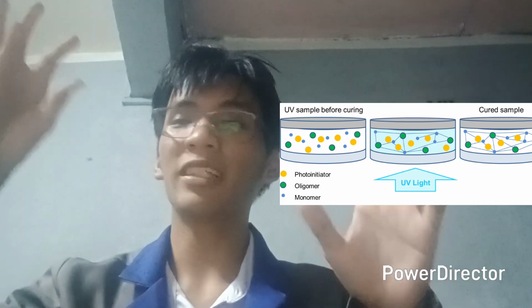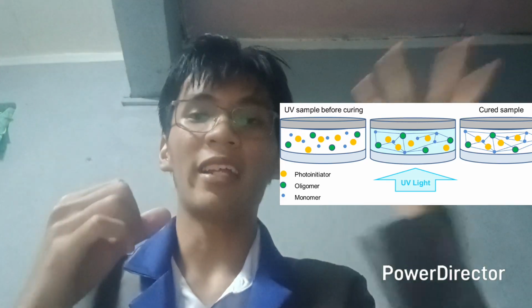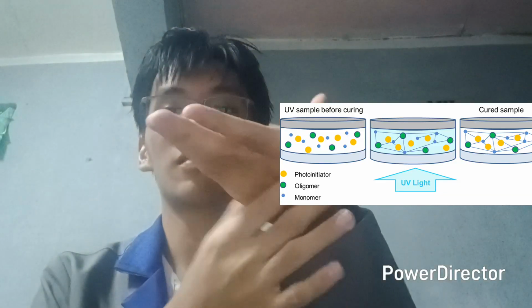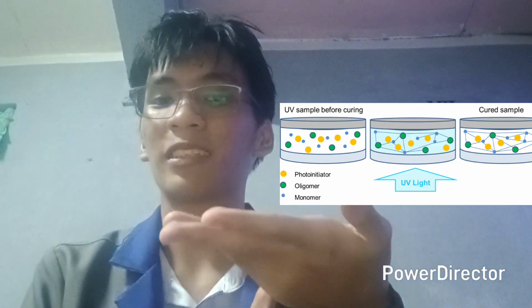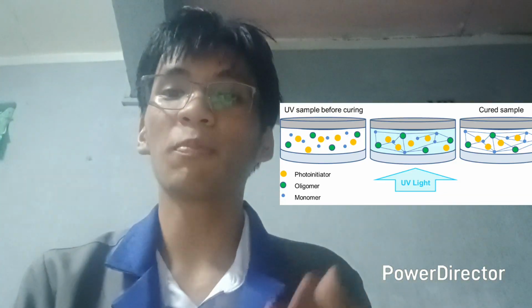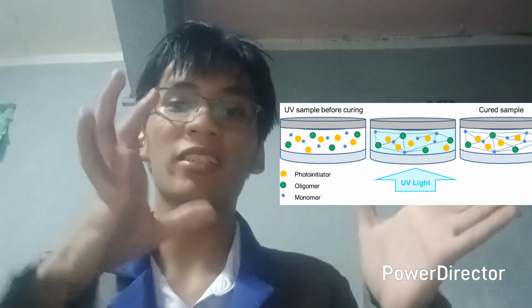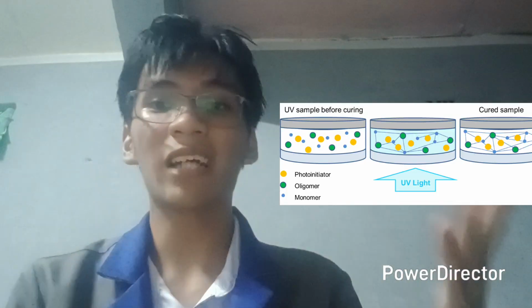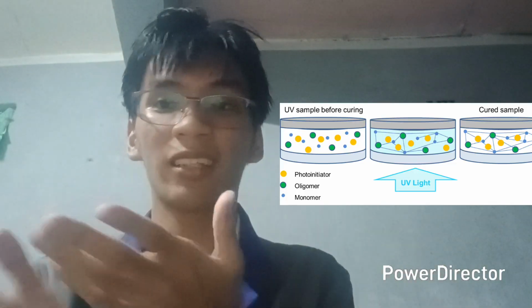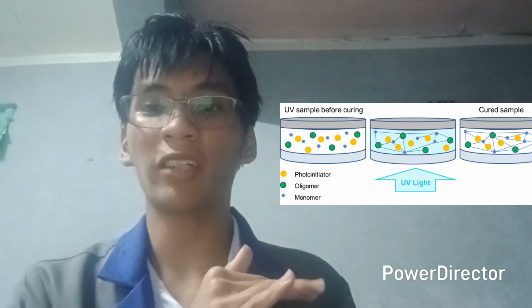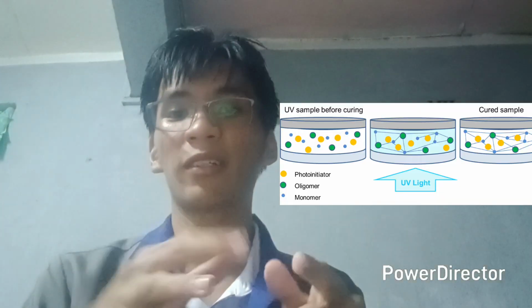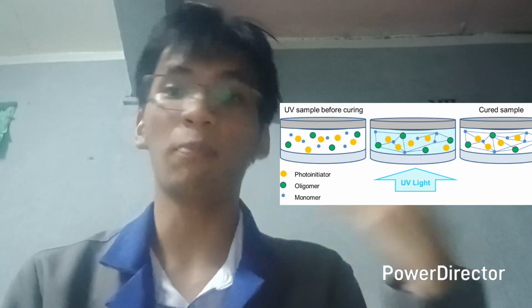If the UV light from the machine and the photoinitiators present in the substance react with each other, it's supposed to harden, and this creates the hardening or curing of the object. If the desired object does not have the right type of chemicals, like the photoinitiator's concentration, it will not harden correctly, and the desired object's quality is not up to par.